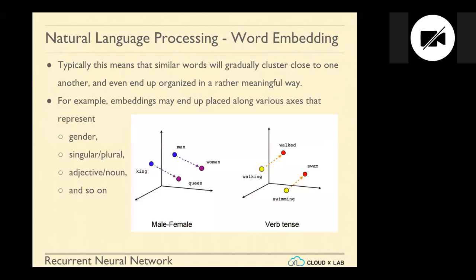For example, embeddings might end up placed along various axes that represent gender, singular, plural, adjectives, nouns, and so on. All right. So those are the human way of interpreting it, whether it's an adjective, whether it's gender, and so on.